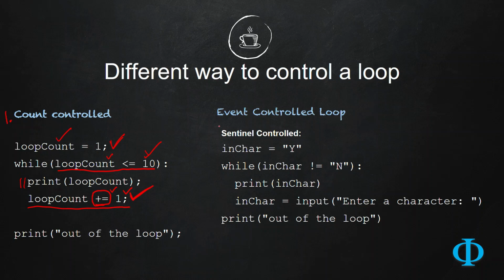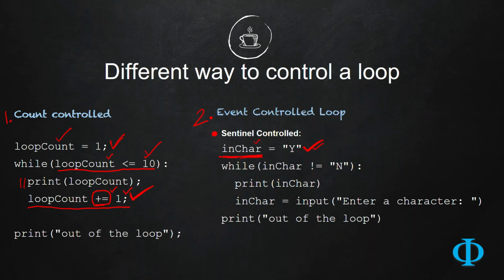Now, there is a second way to control the loop, which is basically an event controlled loop, or more specifically, we are going to learn about something called Sentinel controlled loop. In a Sentinel controlled loop, there is a loop control variable that can be an integer or it can be anything. For example, in this code, I have used a string as the loop control variable.